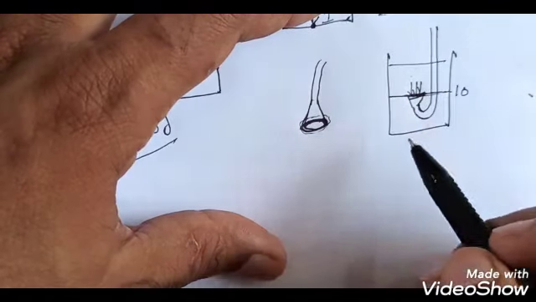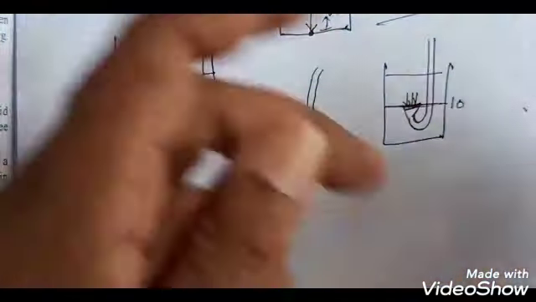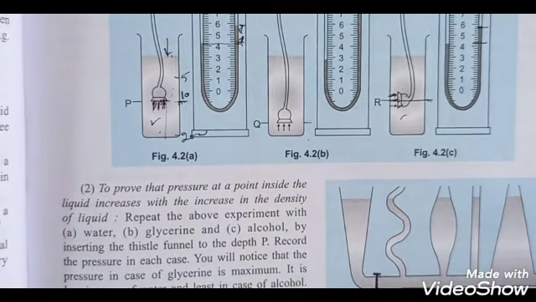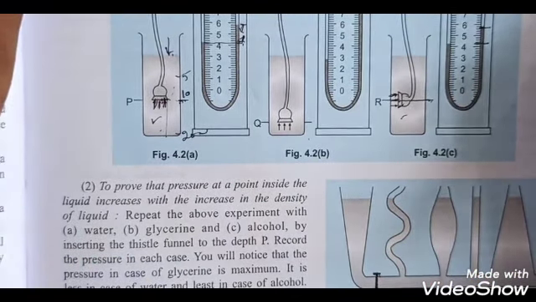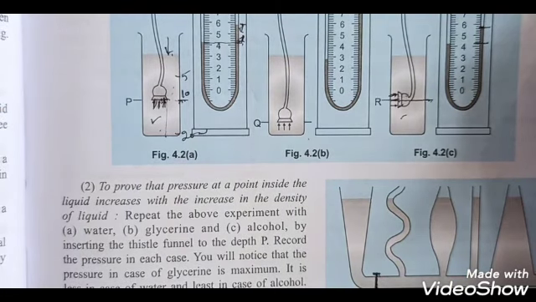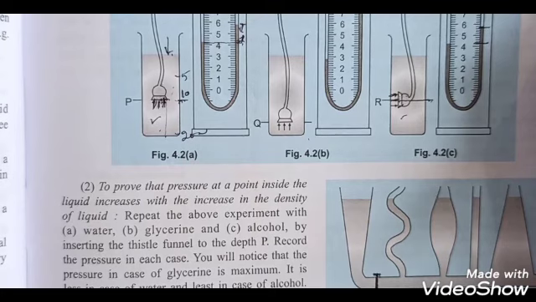Means pressure acting upward, downward, left side, right side, in all directions will be same, provided the depth is not changing, liquid is not changing, place is not changing. Do you understand? So pressure at a given depth in all directions is same.